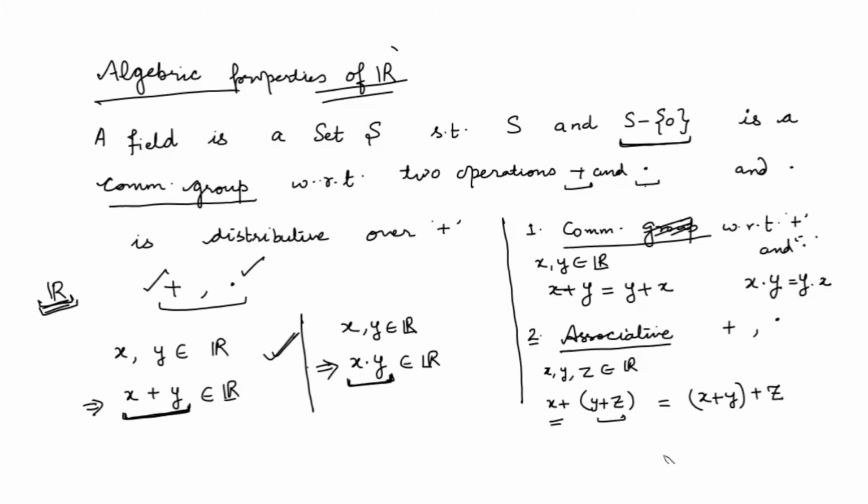Similarly, with respect to multiplication, x dot y dot z, means you take the multiplication of y with z and then with x is same as that, first you take the multiplication of x and y and then with z. So if this thing holds with respect to the operation addition and multiplication, that means this set of real numbers satisfies the associative property. And we know that in case of real numbers, this thing holds.